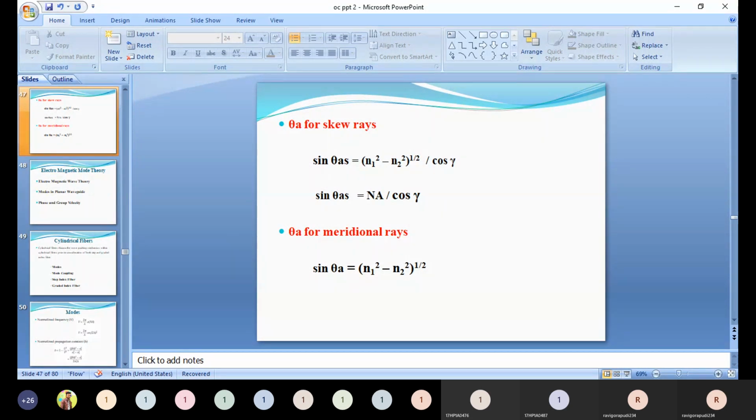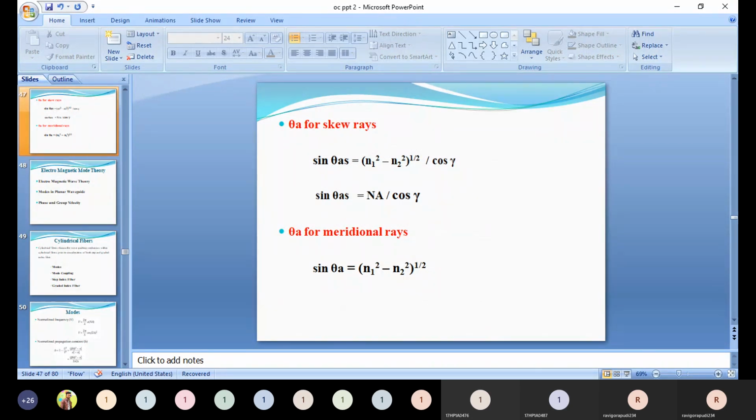Calculate the maximum acceptance angle of the fiber in air for meridional rays and compare this value with skew rays that change direction within the core by 100 degrees at each reflection. I think you can solve this one very easily. You can solve this and come tomorrow. Tomorrow I will ask. Must and should you have to solve that problem.